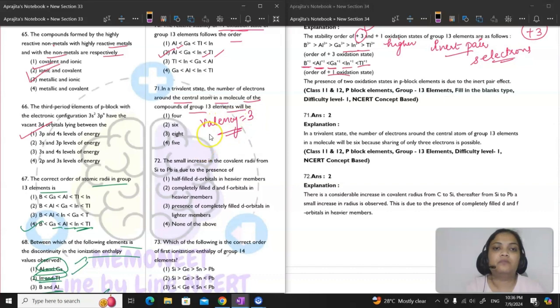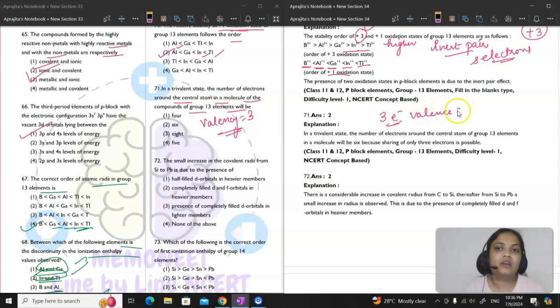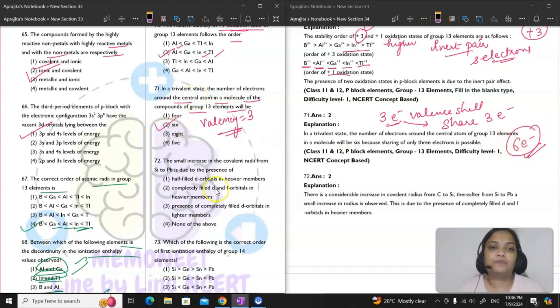Because group 13 elements already have 3 electrons in their valence shell, they can share only 3 electrons. If they can share 3 electrons, and 3 they already have, it means that the number of electrons around the central atom is going to be 6. So the answer is option number 2, that is 6.